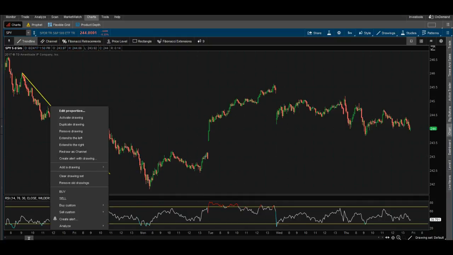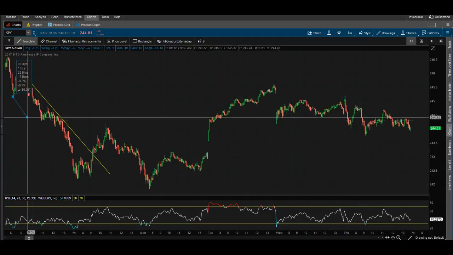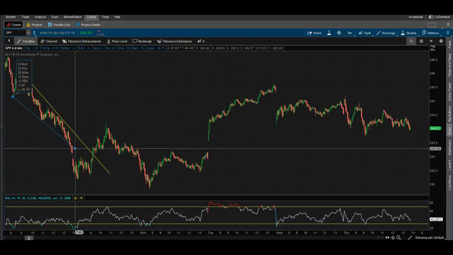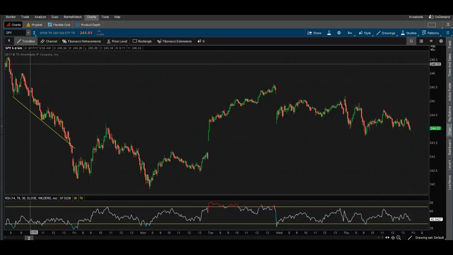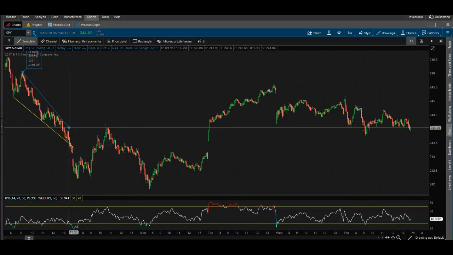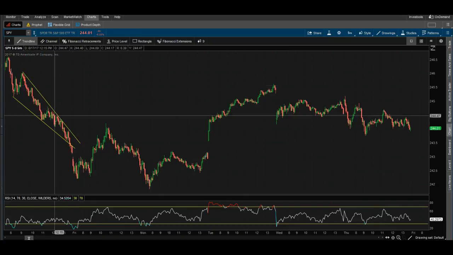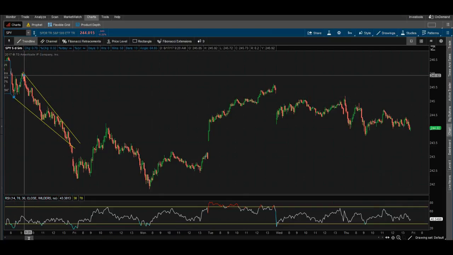So here, what we're going to do is we're going to draw it here. Now, the reason I'm showing you this is actually a failed falling wedge. But see how price goes up?